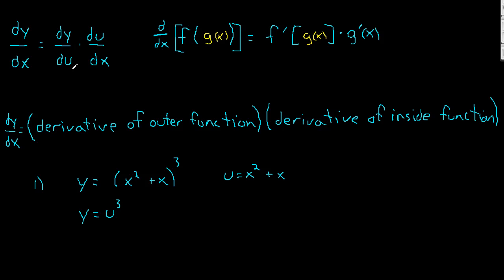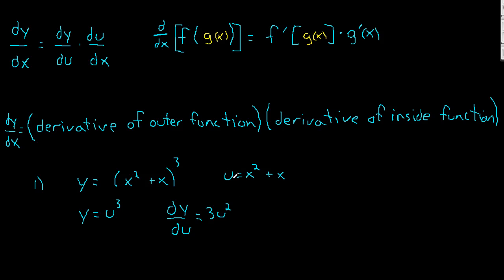So what is dy du? What is the derivative of y with respect to u? Let's just go ahead and write that down. For dy du, all I need to do is use the power rule here, and it tells me that it is 3u squared.